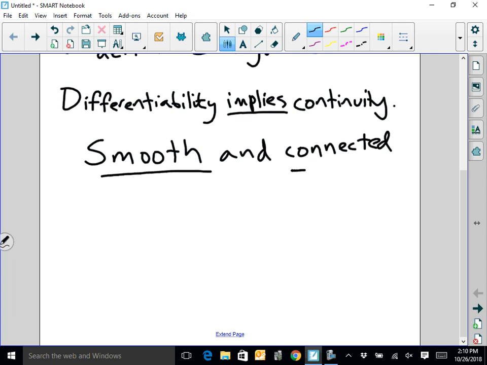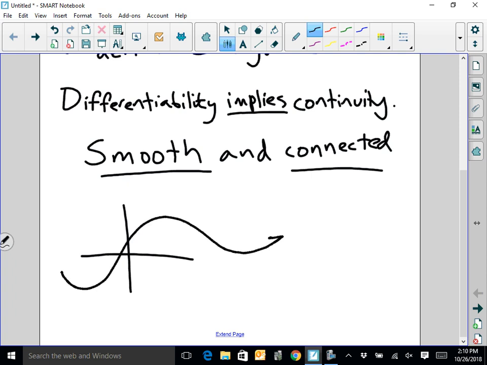So if I had a function that looked like this, when I look at that function right there, I say, okay, that thing is definitely continuous, right? I don't see any holes. I don't see any jumps. I don't see any breaks. I don't see any vertical asymptotes, anything like that. So that thing is continuous.